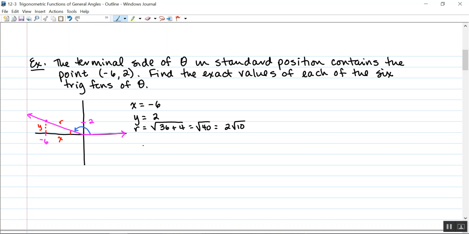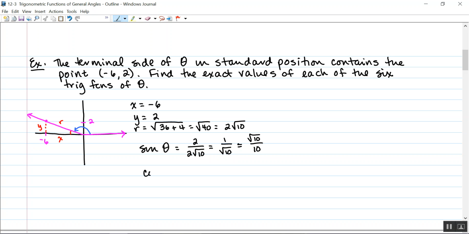Sine of theta is going to be y over r, or 2 over 2 square root of 10, which simplifies to 1 over square root of 10, and rationalizing my denominator, is going to give me square root of 10 over 10.